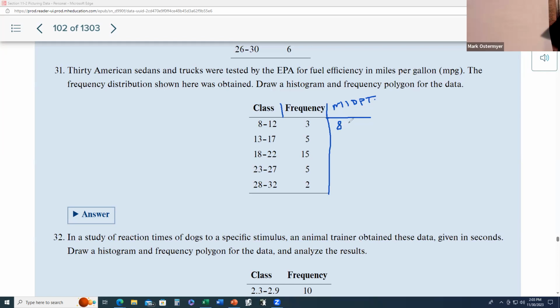You would say 8 plus 12 divided by 2. Yep, so that'd be 10. So your midpoint for the first class will be 10. And you got to find the midpoints for all the other classes before you build your frequency polygon graph. Okay, go ahead. Build a frequency histogram and a frequency polygon for this frequency distribution table here.